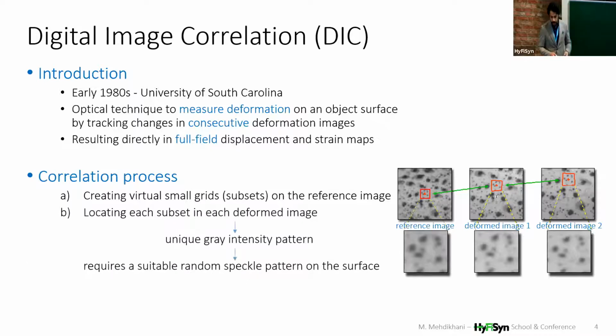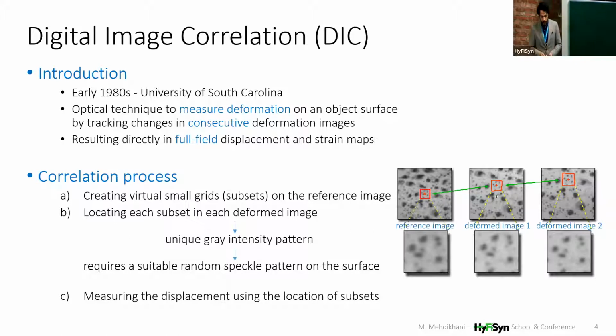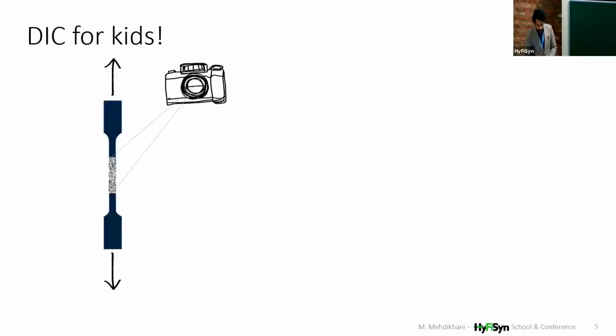So once this is done, for nearly each point in the image, we have one displacement vector defined. By measuring this displacement between the positions of subsets, we can obtain displacement vectors, and then using the gradient of these fields, we can obtain strain fields.